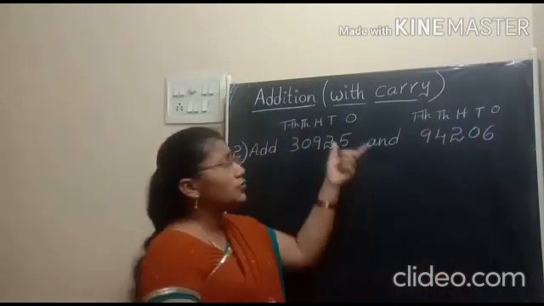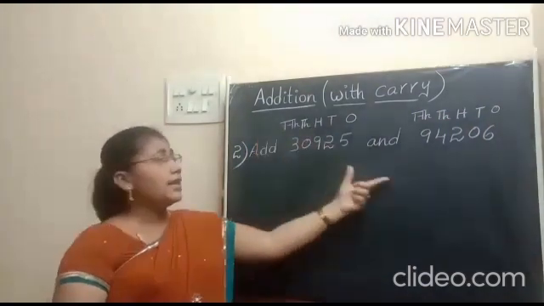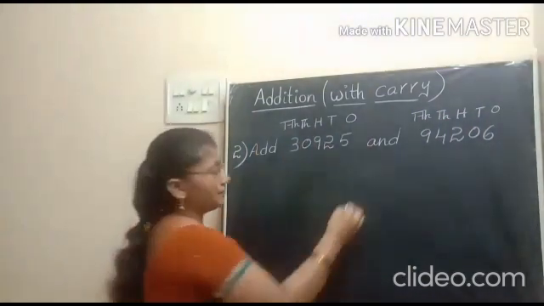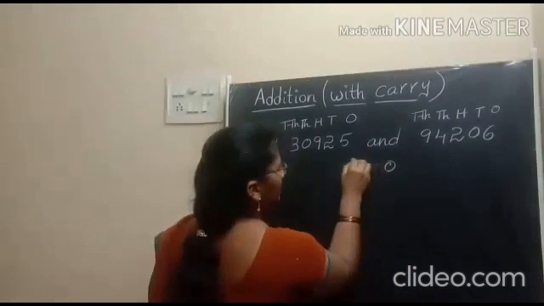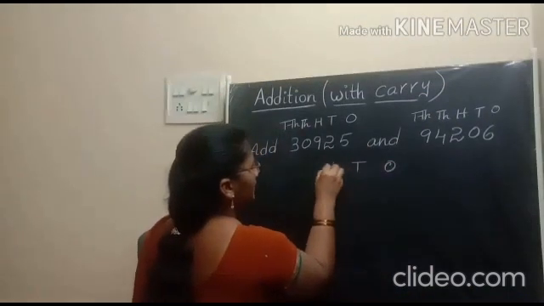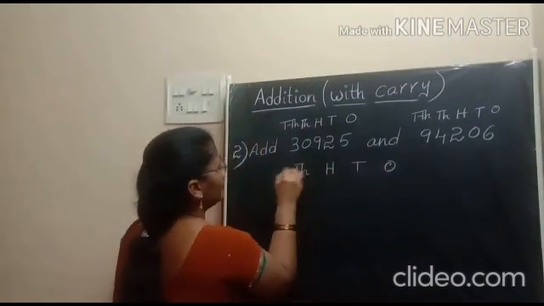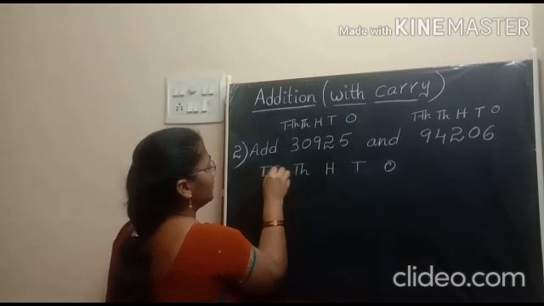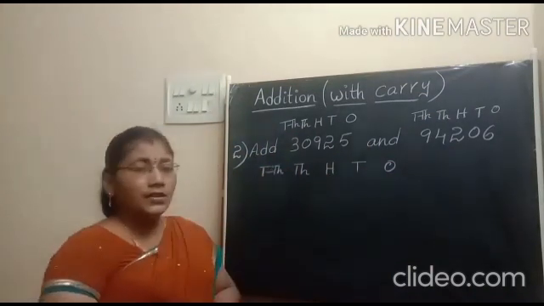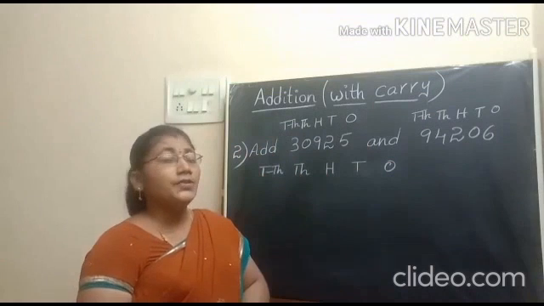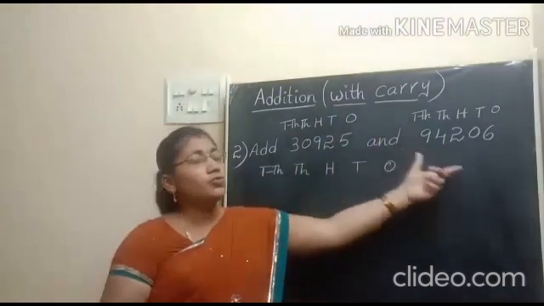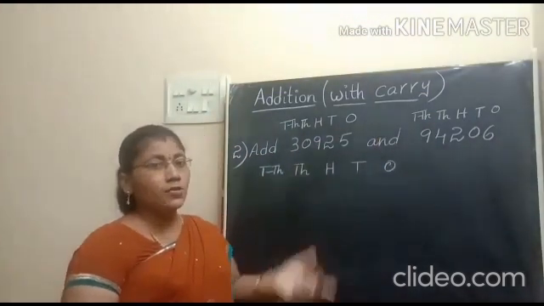Now we have to write these places as columns here. Ones, tens, hundreds, thousands, 10,000s. Next, what do we have to do? We have to arrange these two numbers here as columns.